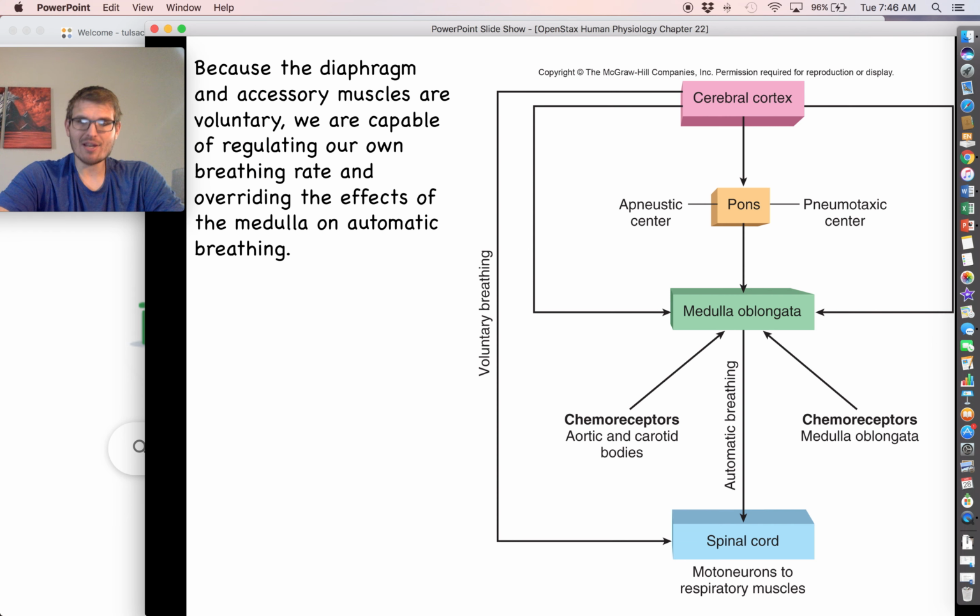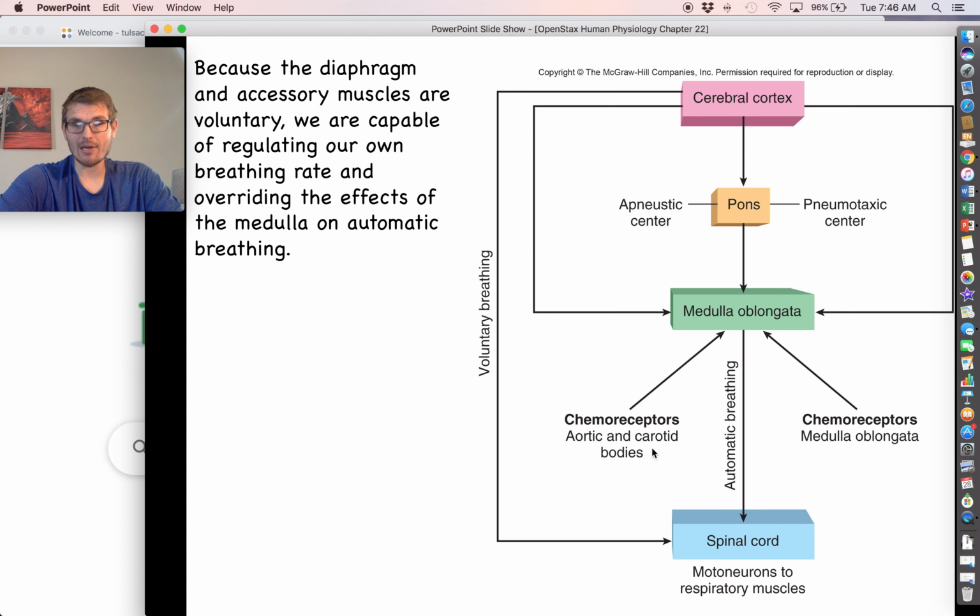So I mentioned the subtle difference between this voluntary breathing that we talked about before. As I said, those efferent signals are going to originate in the cerebral cortex, but if you're talking about your more autonomic breathing, the sorts of second to second, minute to minute alterations to your breathing rate that you perform in accordance with PO2, PCO2, and pH, those efferent signals are going to originate in the pons or the medulla.